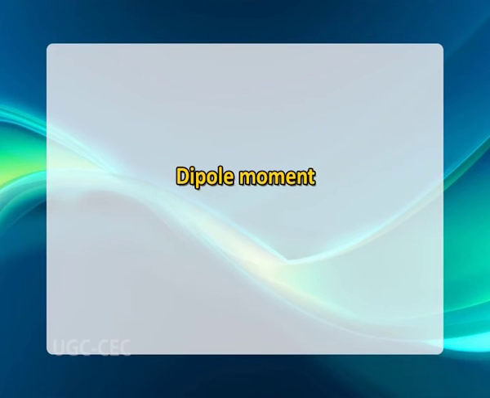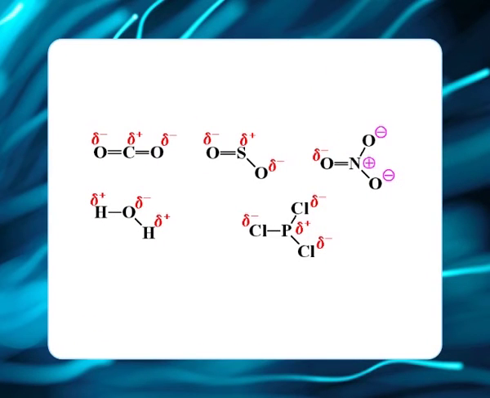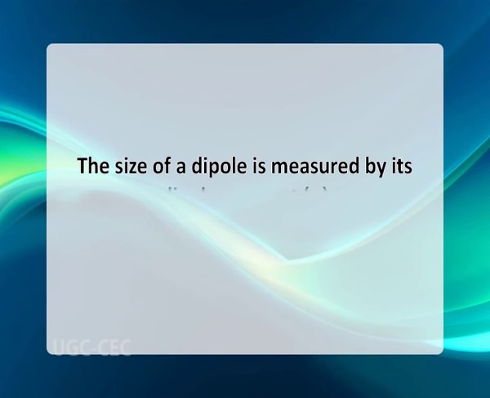Dipole moment. When two electrical charges of opposite sign and equal magnitude are separated by a distance, a dipole is established. The size of a dipole is measured by its dipole moment, mu. Dipole moment is measured in debye units, which is equal to the distance between the two charges multiplied by the charge. 1 debye is almost equal to 3.34 into 10 to the power minus 30 coulomb meter.